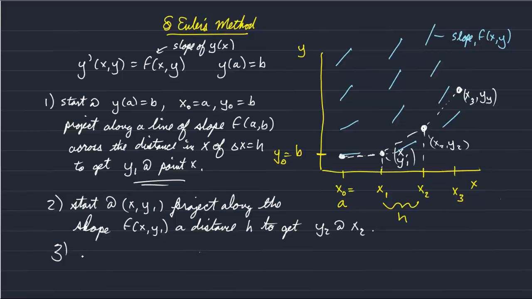And then we repeat the procedure for subsequent values of x's and y's. So it's a pretty simple method, conceptually it's quite simple, and it's also relatively simple to write out.